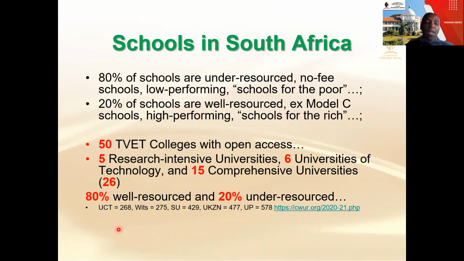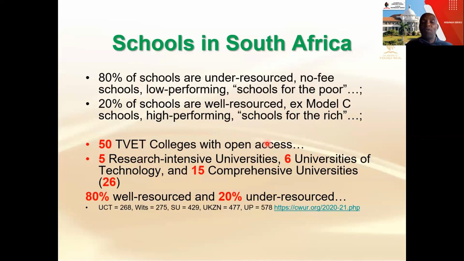So the 5 research-intensive universities were designed to accommodate the 20% of schools, so that students who are performing high will go straight to the research-intensive universities. And then the 80% may be distributed among the other sectors.